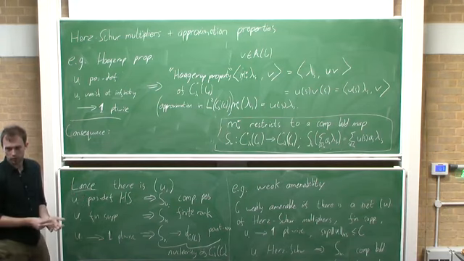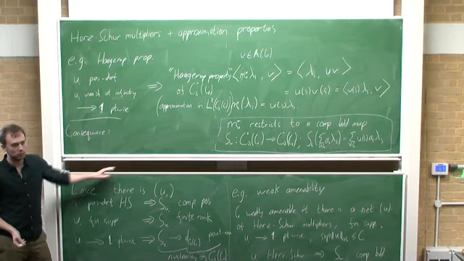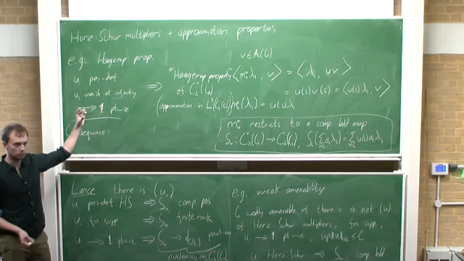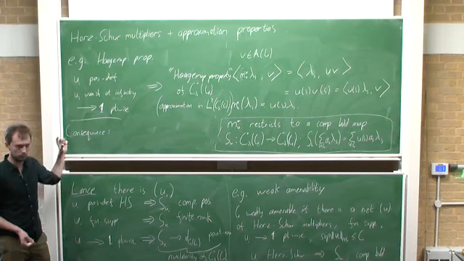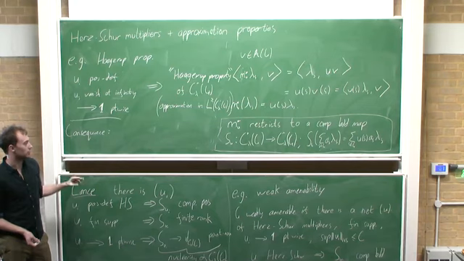Continuing in this way, there are a few other properties that I don't have time to mention. What we get is a hierarchy of properties of groups, starting with amenability being the best, most well-known one anyway, and getting weaker.